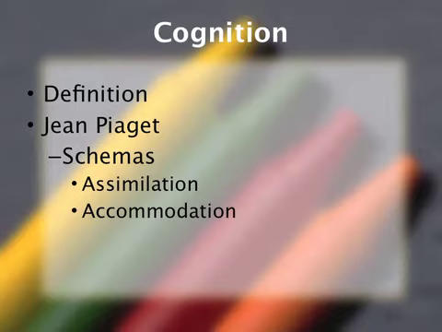And so the first thing to understand concerning his work in cognition is the terms he uses to explain how we organize our experiences as children. And so the first word there is schemas. And schemas would be what Piaget said we use to organize and interpret our experiences. And so as a child, you were constructing these cognitive concepts.